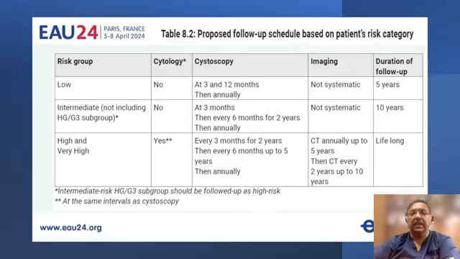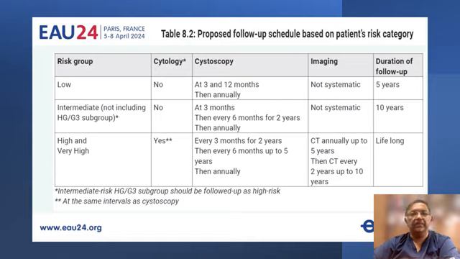So this is again new in the guidelines coming this year, and it is proposed that we need to be a little less stringent in the follow-up using imaging in low and intermediate risk patients. So imaging is not really required, and follow-up for low risk is a total of 5 years, for intermediate risk a total of 10 years.